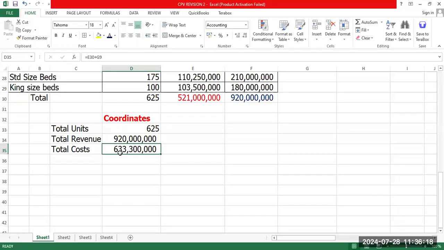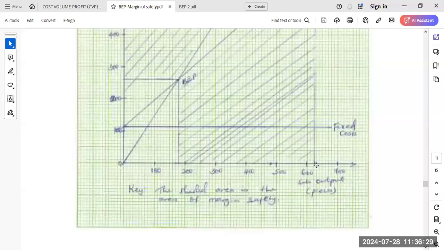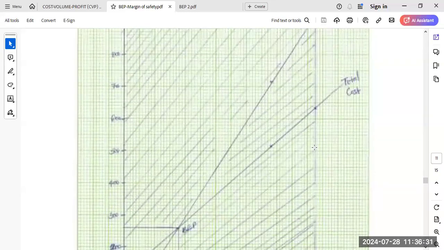Then we are looking for 633. So we are standing here, 625. Then we look for 633 on the vertical axis. You see here there is an arc. Approximately, that's where I find my 633.